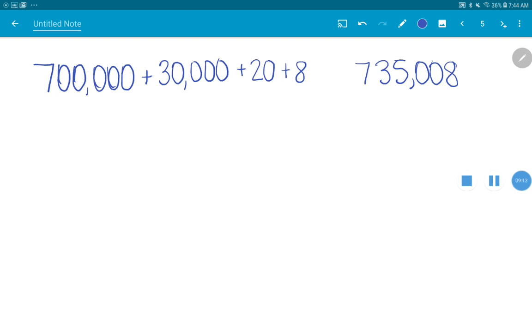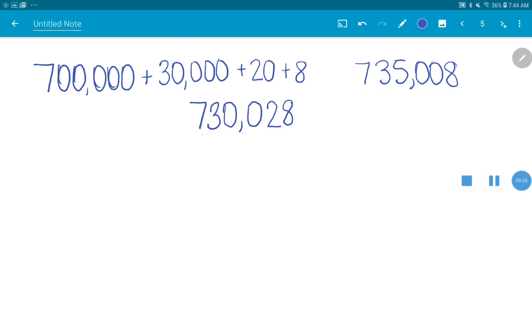I'm going to go ahead and put my number that's in expanded form into standard form. So I have 700 thousands, 3 10,000s, 0 thousands, 0 hundreds, 2 tens, 8 ones.